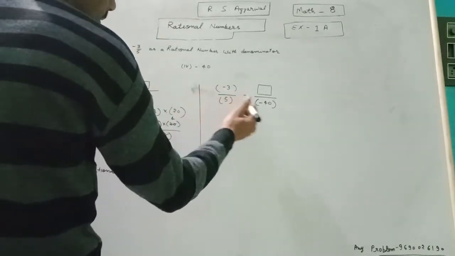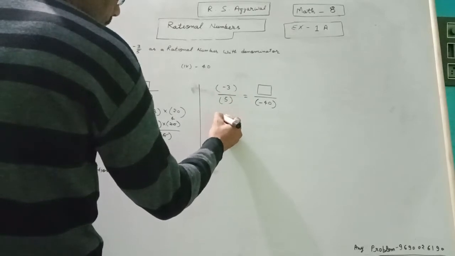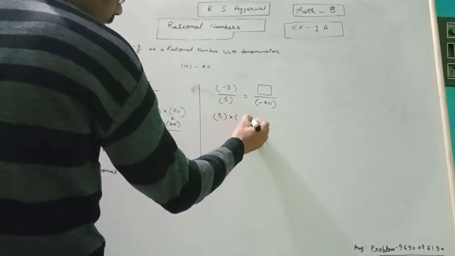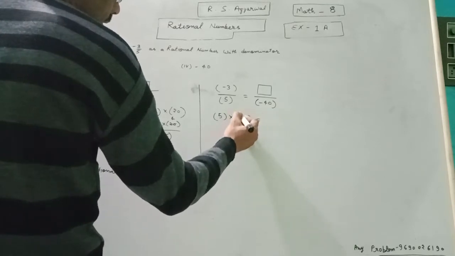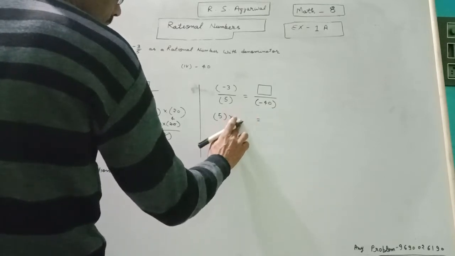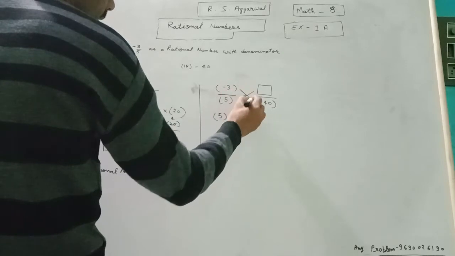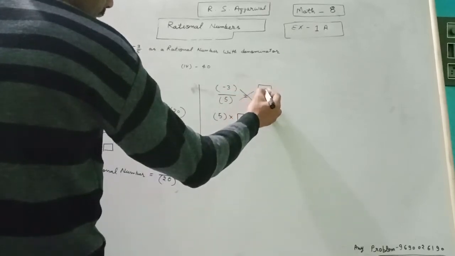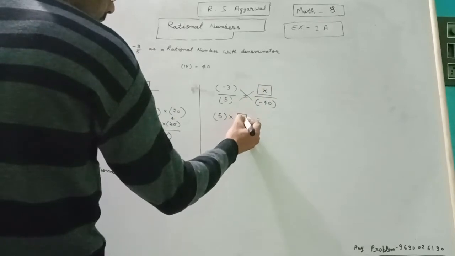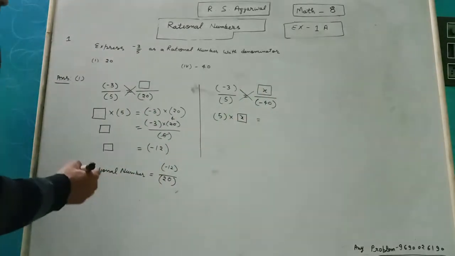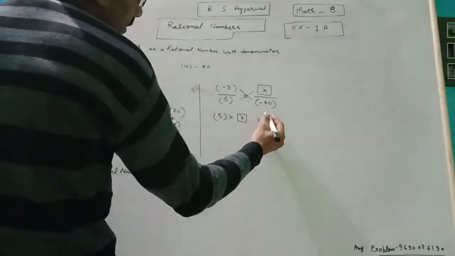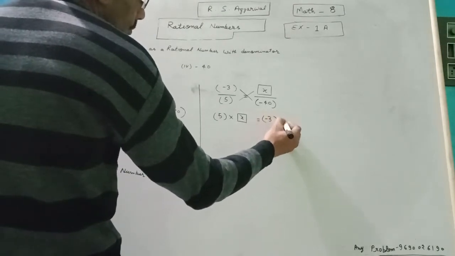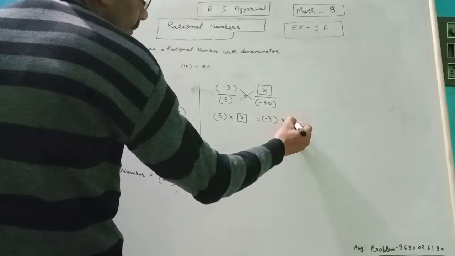As per the question, 5 into box, you can write side to side. After cross multiply, box can write as x. You want x equal to -3 into -40.